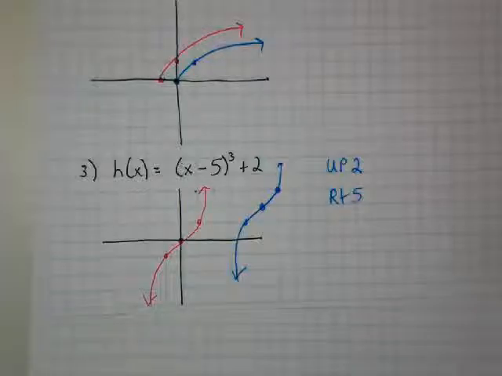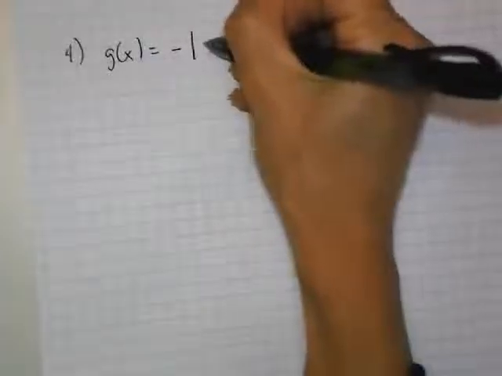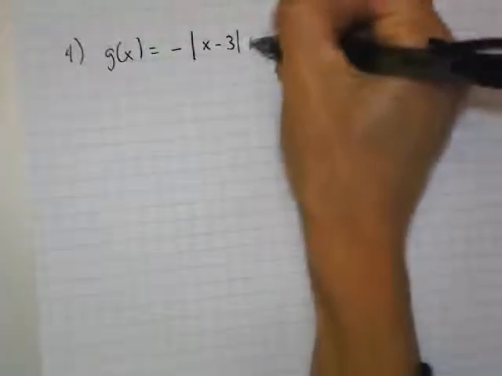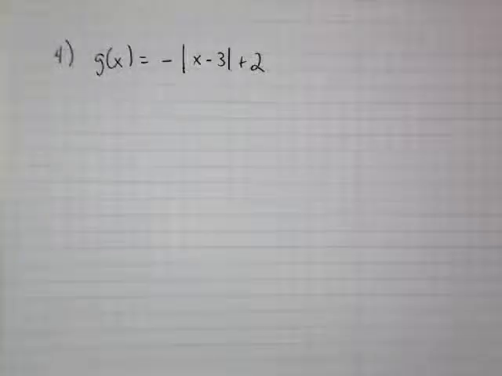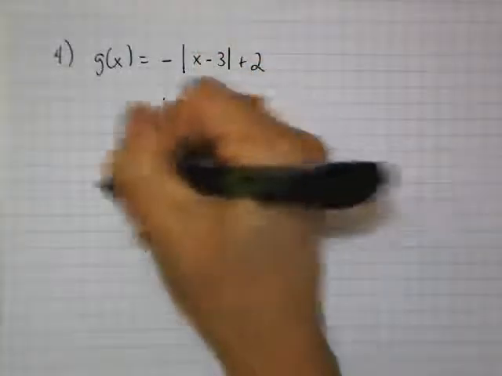Alright. Let's try this one. Let's do an absolute value function. He's got an awful lot going on. Let me draw my graph and then we can do some talking.